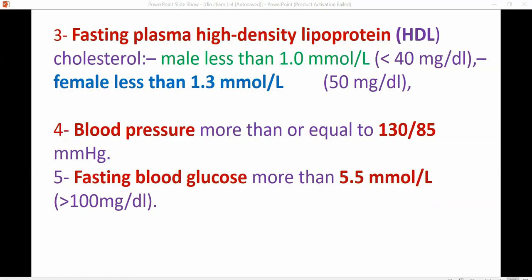Third, fasting plasma HDL less than 1 millimole per liter in males and less than 1.3 millimole per liter for females. Fourth, blood pressure exceeding 130/85 millimeters of mercury. Fifth, fasting blood glucose level more than 100 mg per deciliter.